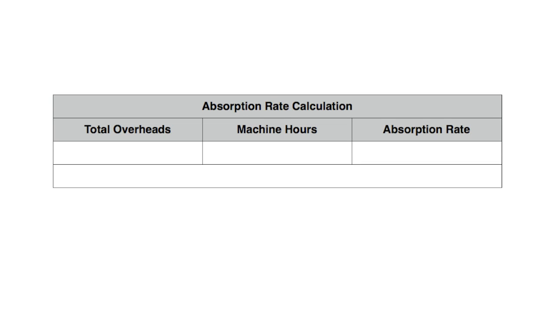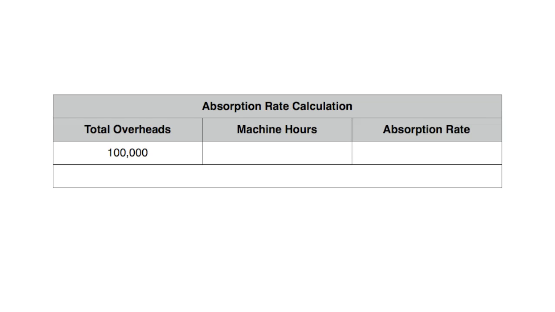In illustration 4, we are looking at the comparison between activity-based costing and absorption costing. Looking at absorption costing first of all, the first thing that we will need is an absorption rate. Remember, absorption costing does it based on just one arbitrary calculation. So we look at the overheads, we take those overheads and divide them by, for example, the number of machine hours, and that gives us an absorption rate on which to absorb the overheads.